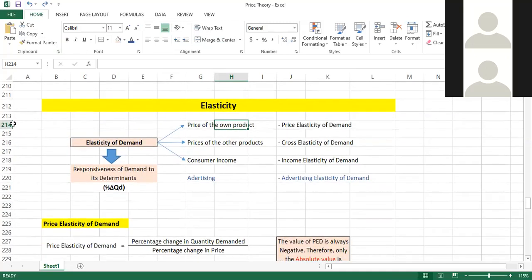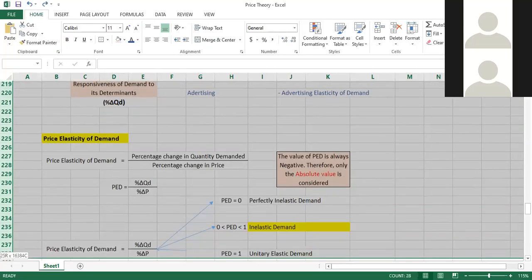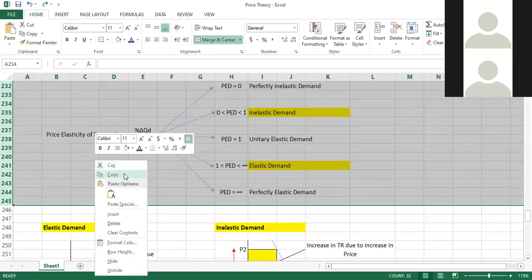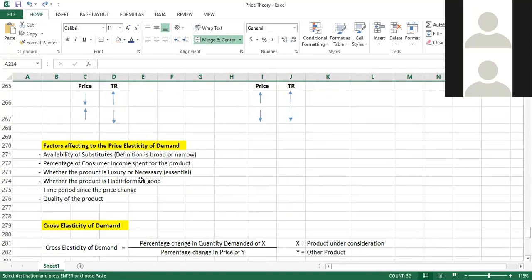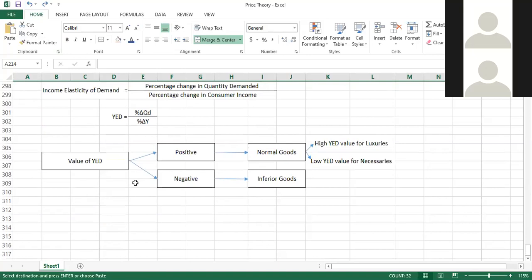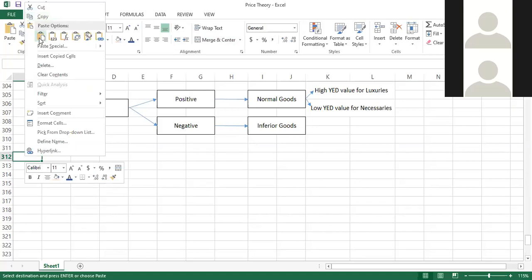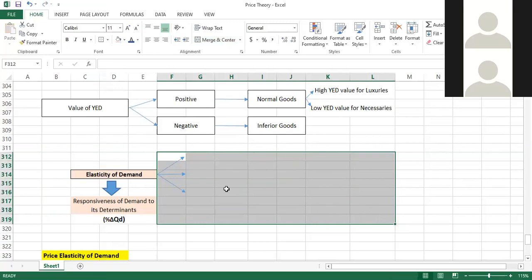Then when we consider the elasticity of supply, we have to spend only very little time. We don't need to spend much time discussing elasticity of supply, because it is exactly the same concept, the opposite. And the other benefit is we don't need to consider these other factors.